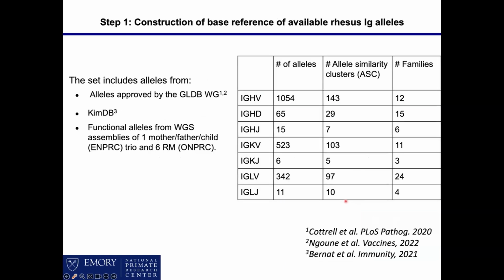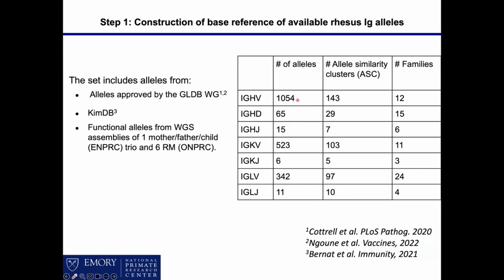Okay. So step one was that to be able to annotate the DNA, we needed a base reference set of Rhesus IG alleles that Digger could use to try and understand the similarity. And so for this, we pulled from all the existing data sets that were published by various other groups, which gave us what we call our base set.